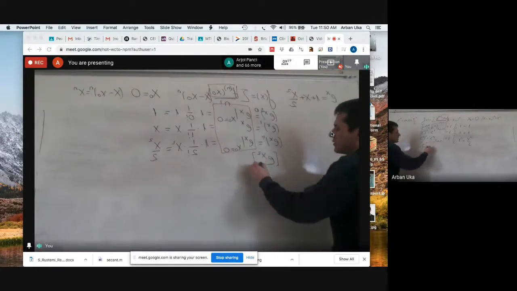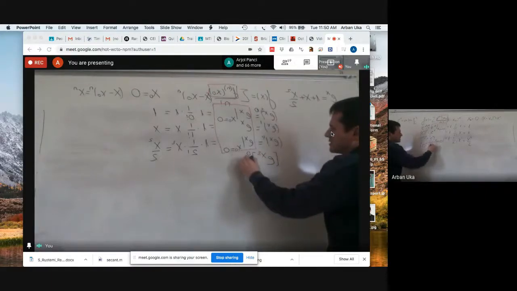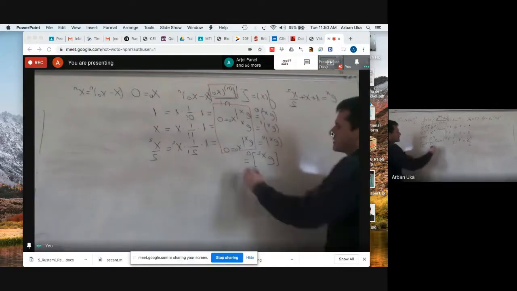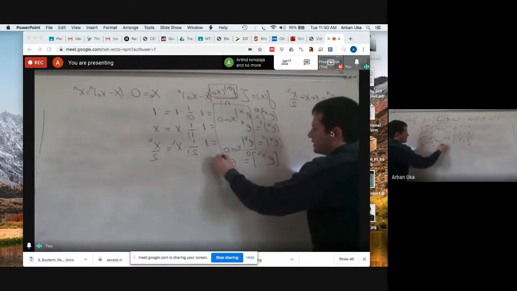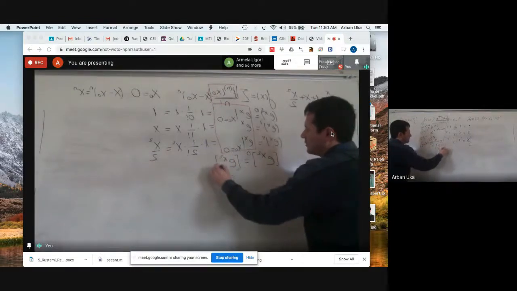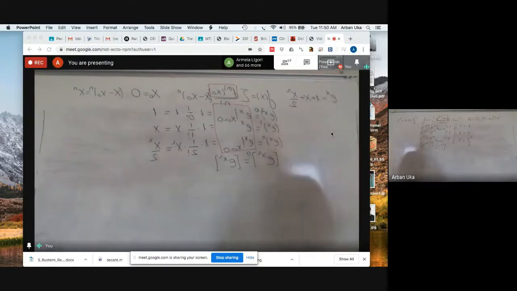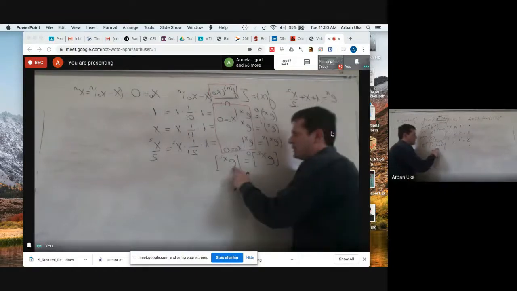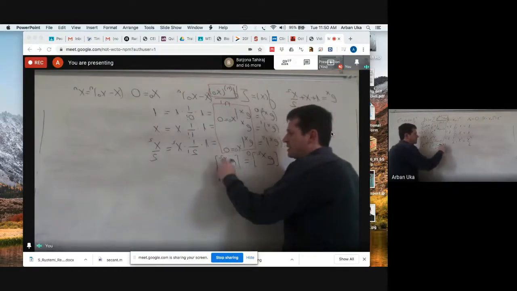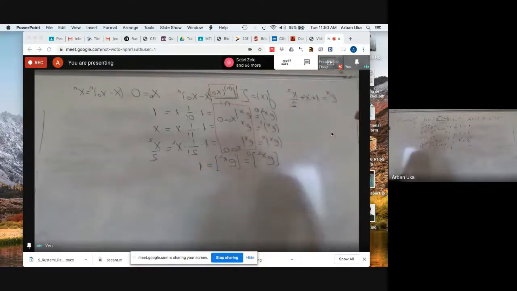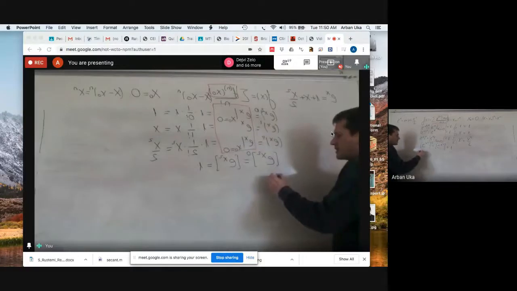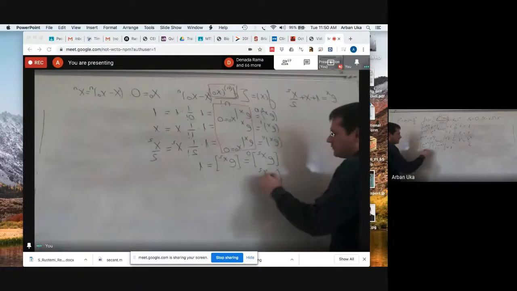The zeroth order derivative is the same function, so this is going to be e to the power x squared, no changes. But we need to evaluate this one at x0. So e to the power 0 squared is e to the power 0, and this is always going to be equal to 1. Then we take the first derivative of this term, so e to the power x squared.